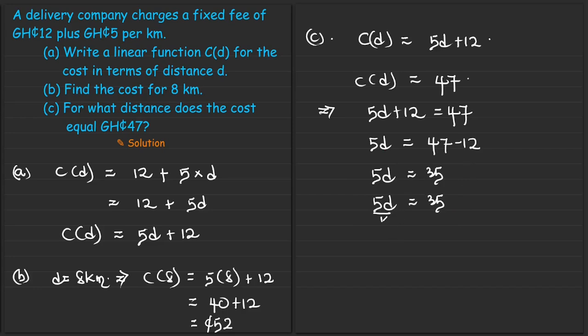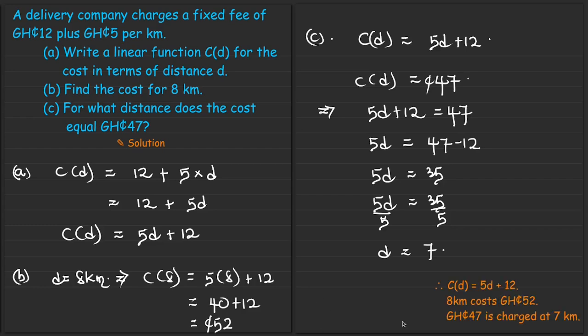Hence d is equal to 7. So what is our conclusion? It implies that at a distance of 7 kilometers you'd be charged 47 cedis.